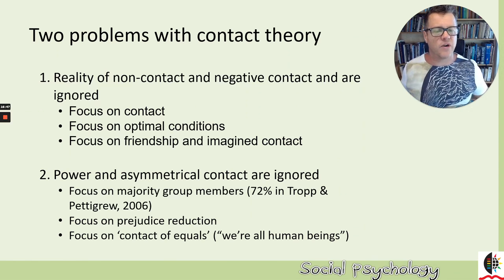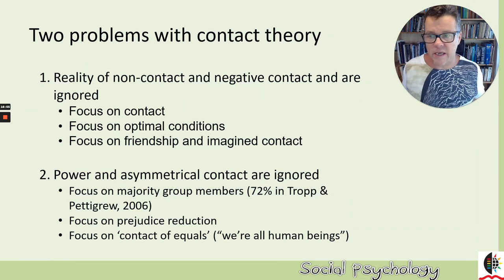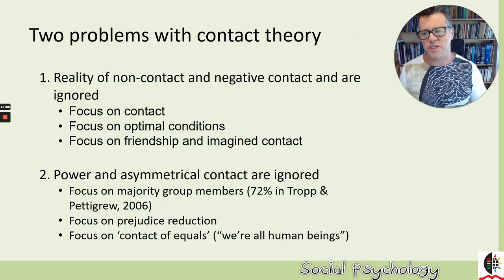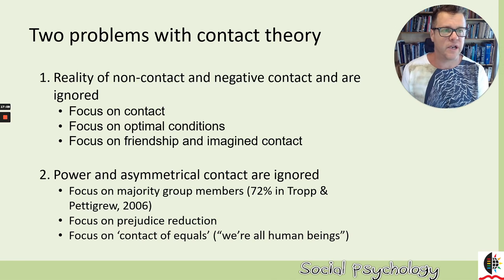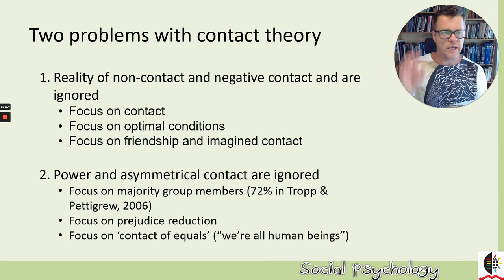Some of these negative contacts, for example at schools between learners of different groups, can be painful and can have long-lasting negative effects. And so, yes, it's nice to focus on contact, but very often our societies become resegregated. Informal patterns of segregation emerge, and there's often negative contact, experiences of racism in those situations. So there's one of the problems.